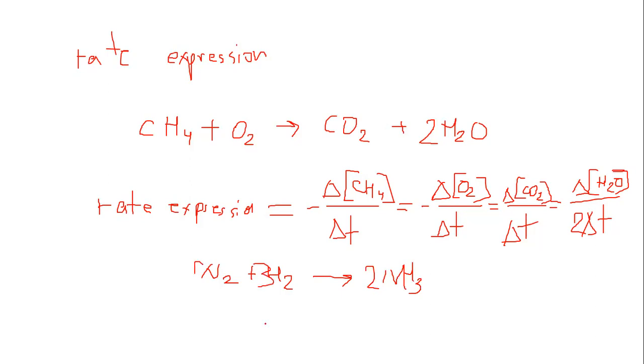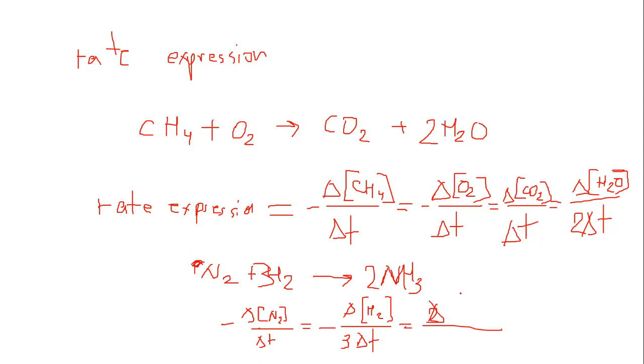For this one, the same thing: minus delta N2 per delta T, which equals minus delta H2 per 3 delta T, which equals positive delta NH3 per 2 delta T. Okay, I think this is clear, right?